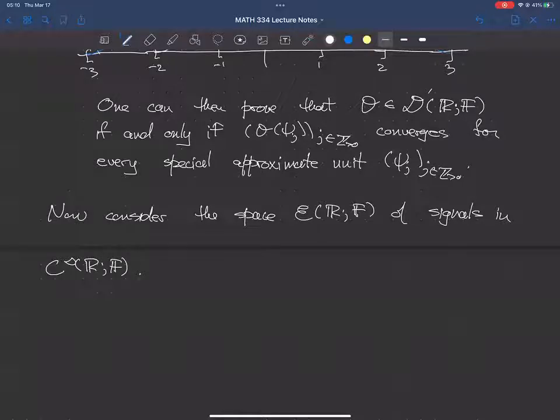Okay, so then as with the other spaces, the important thing is, what does convergence here mean?